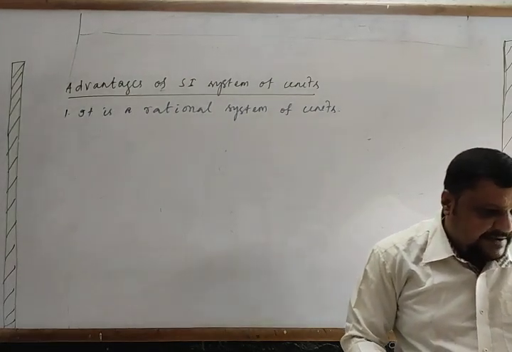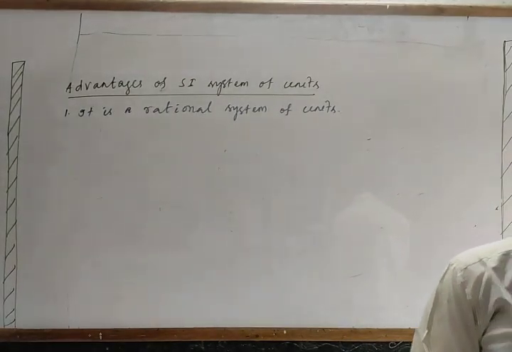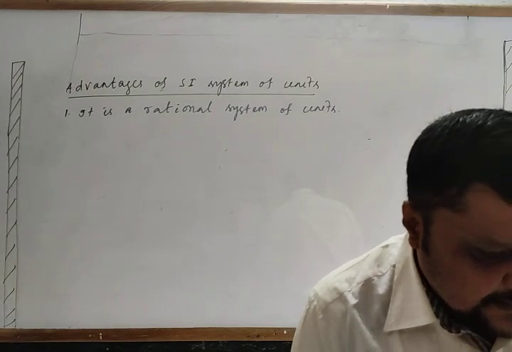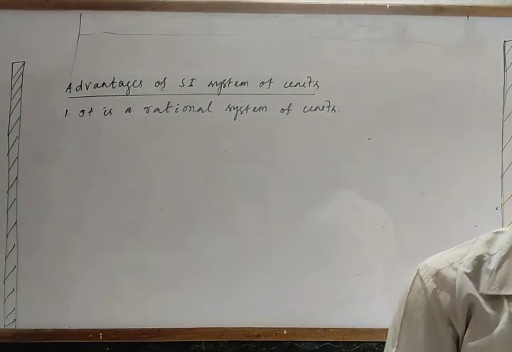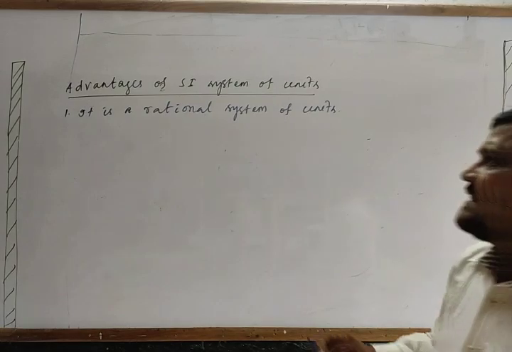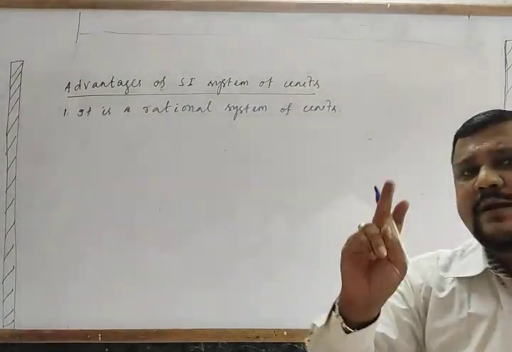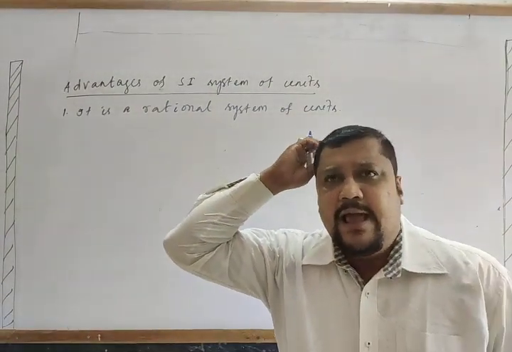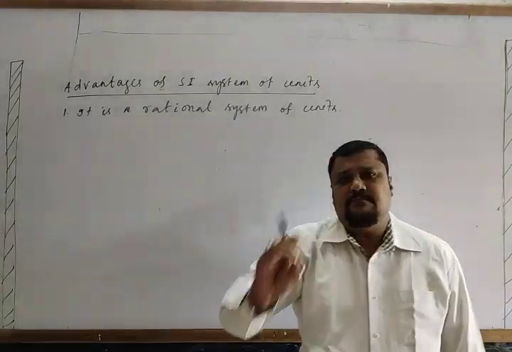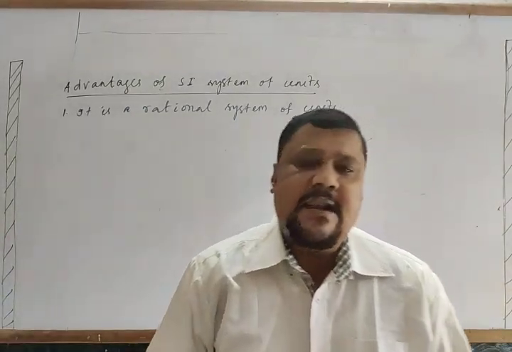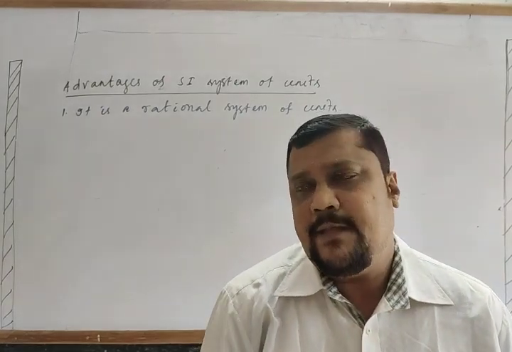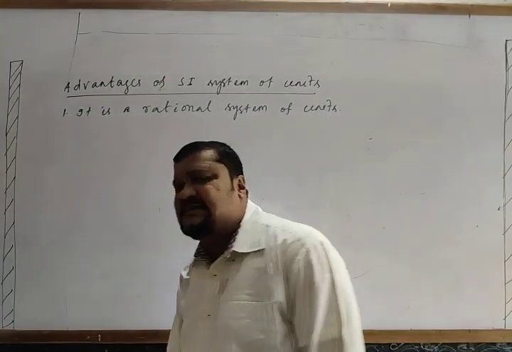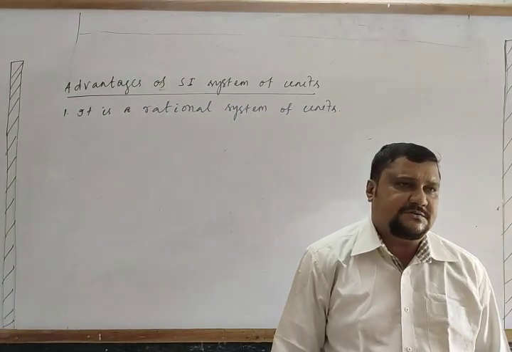Let me give an example. In a rational system of units, for one physical quantity we should give one unit. Energy is a derived physical quantity, and it has different forms.